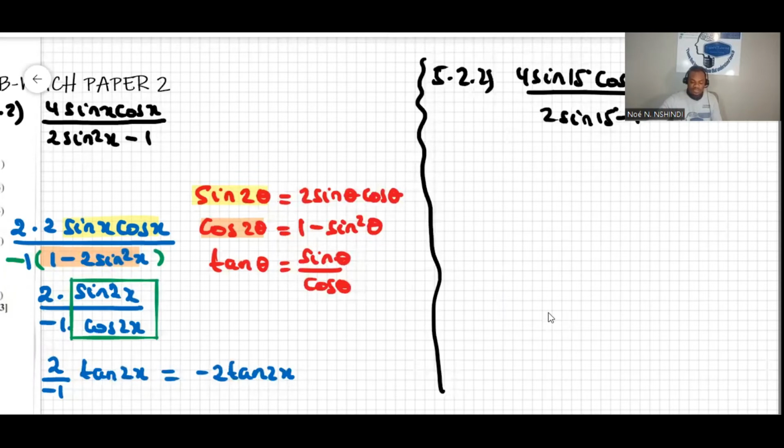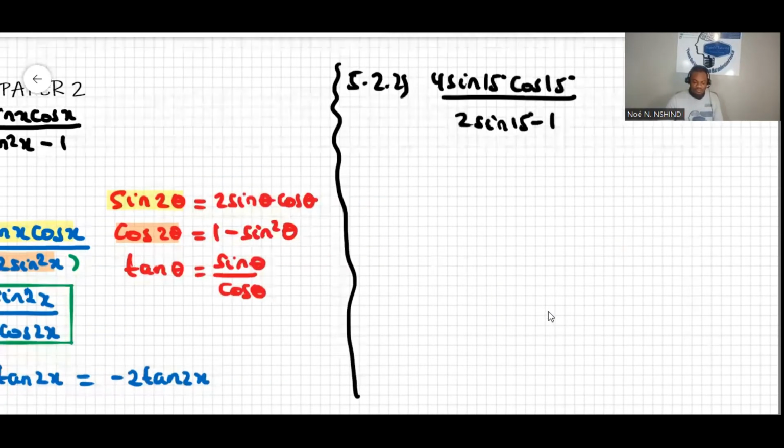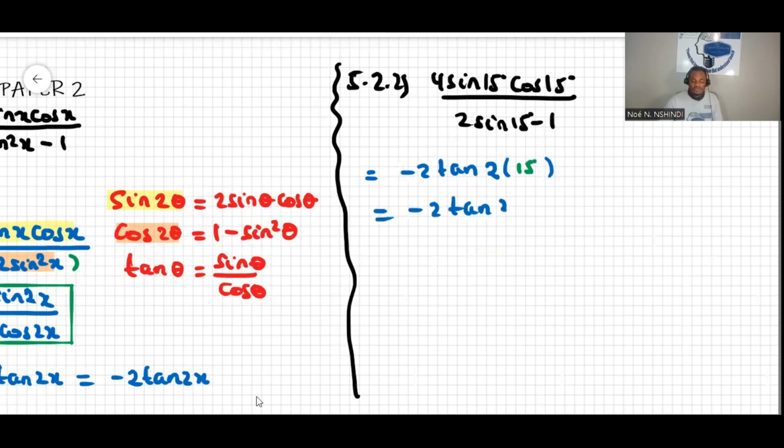So this will be equal to negative 2 tan of 2 times 15 degrees, and that is the same as negative 2 tan 30 degrees.